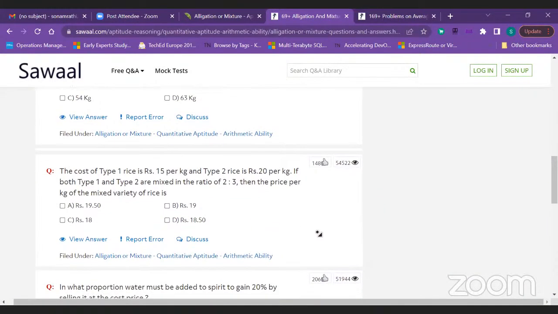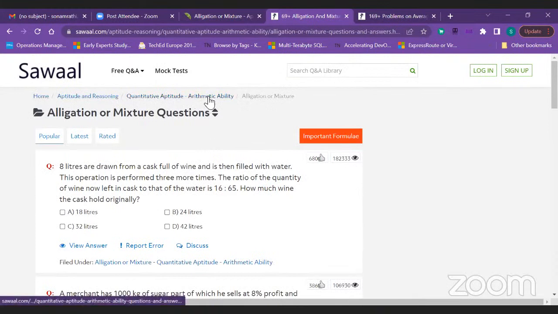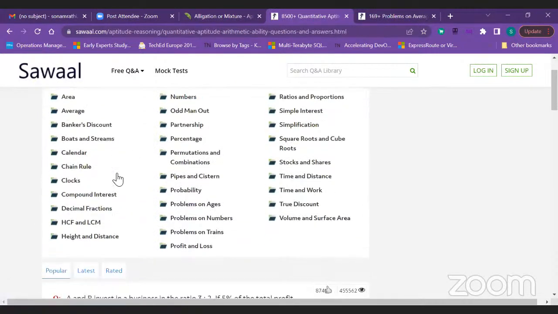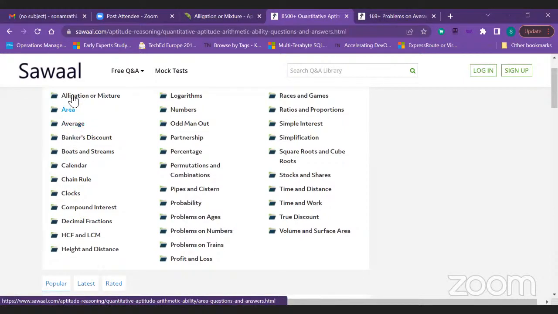Okay, now go to the top and go to this part. See here, quantitative aptitude ability. So many topics are here. Average is also there. Average, alligation, mixture, boats and stream, numbers.